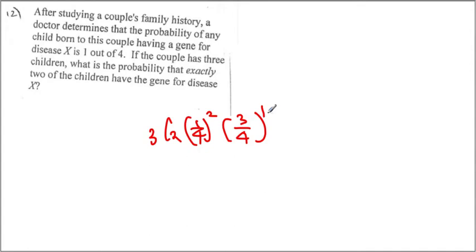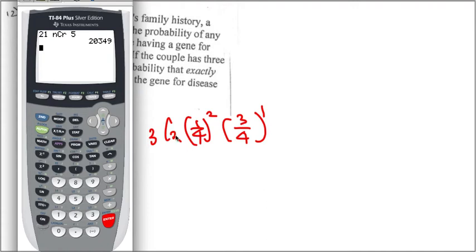If you put this into the calculator, we have 3, math, number 3, 3C2 times 1/4 to the second power, and 3/4. And then calculate. And that's the value that we end up getting.